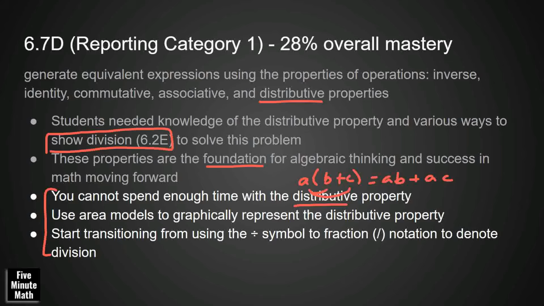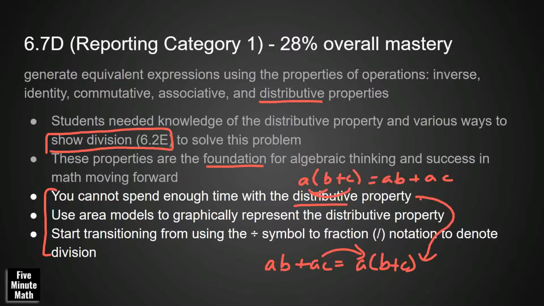We want them to be able to go from this to B plus C. Obviously, that adding is going to be important. That's a key feature of the distributive property. But going from this to this, factoring out the distributive property, we call the inverse factoring out. That's going to be super important as well.